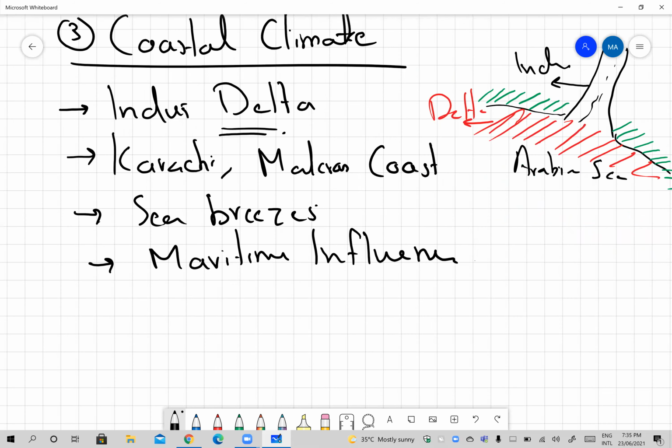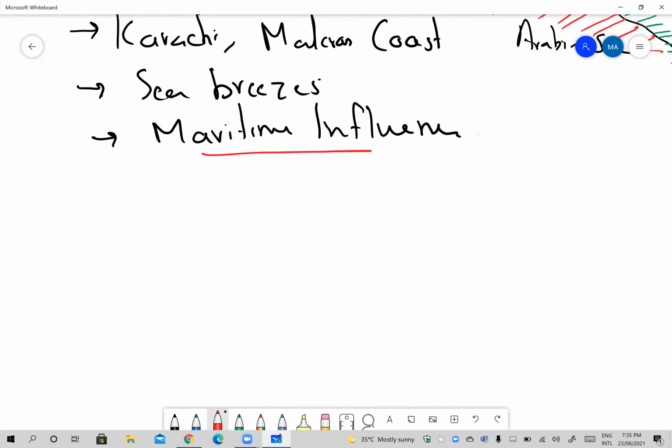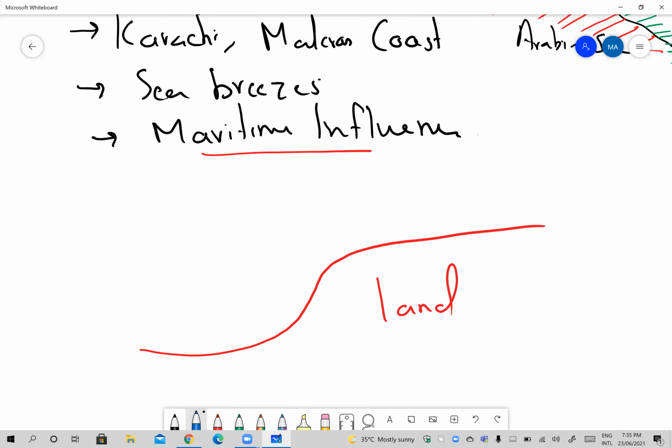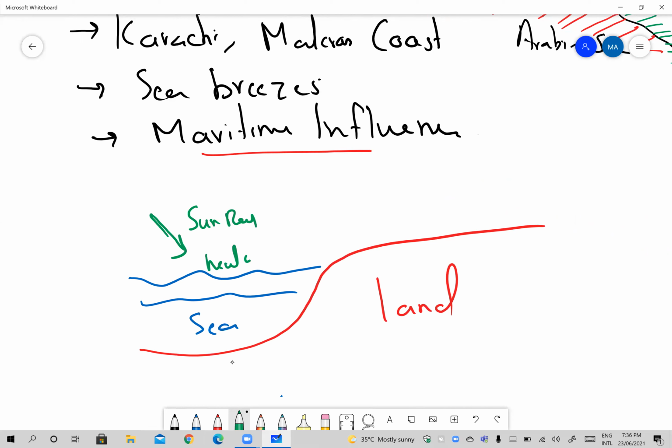Now let's look at this maritime influence in detail. For example, this is the land, and let's say this is the sea. What happens is, because of the sun rays, the sea will heat up, and similarly the winds, the hot winds, will move over to the land.